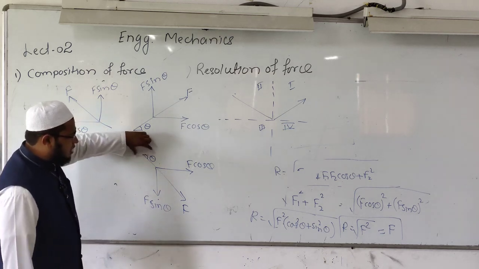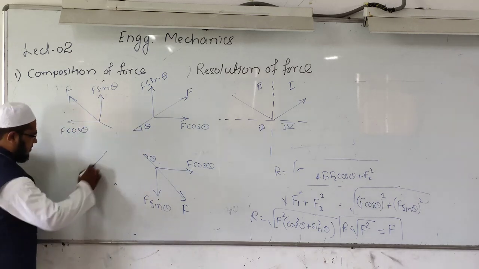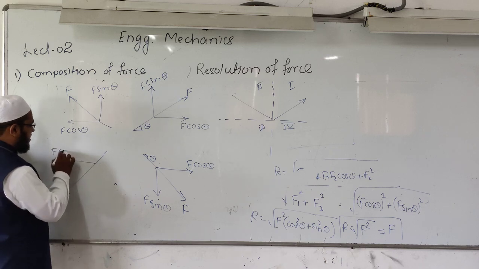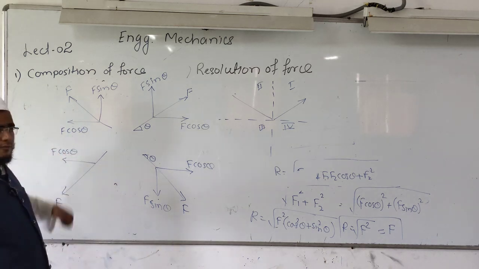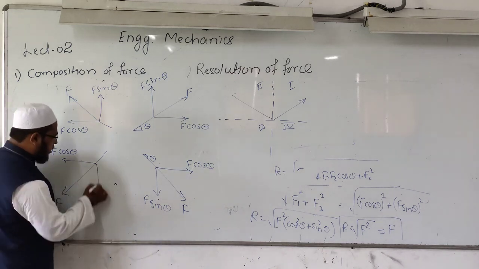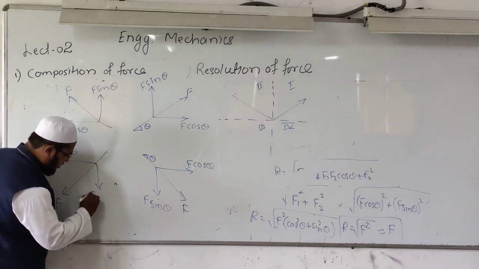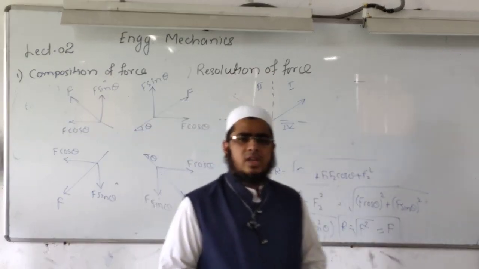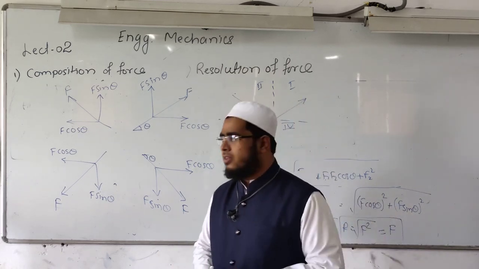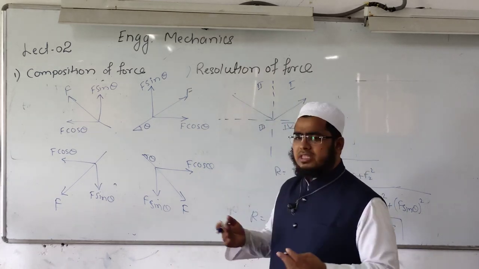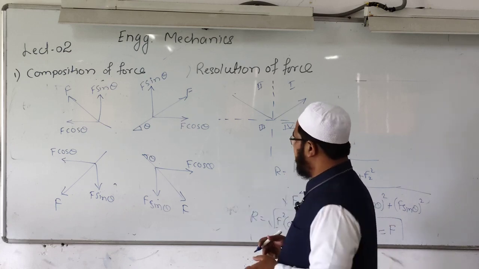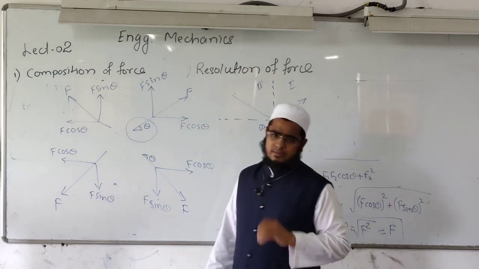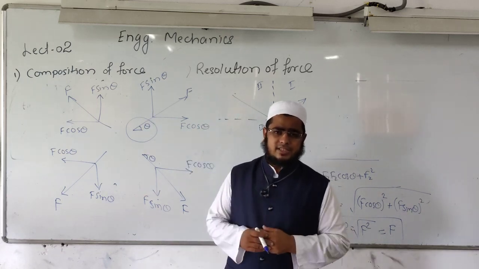For a force F acting in the third quadrant, the horizontal component has the same magnitude F cos theta but acts towards the left, and the vertical component acts downward with the same magnitude F sin theta. For magnitude there is no problem: horizontal is with cosine and vertical is with sine. A very important point is that this angle theta is measured from the horizontal reference line or x-axis.